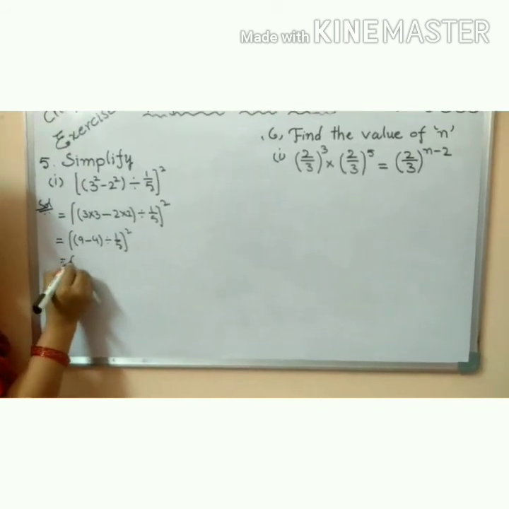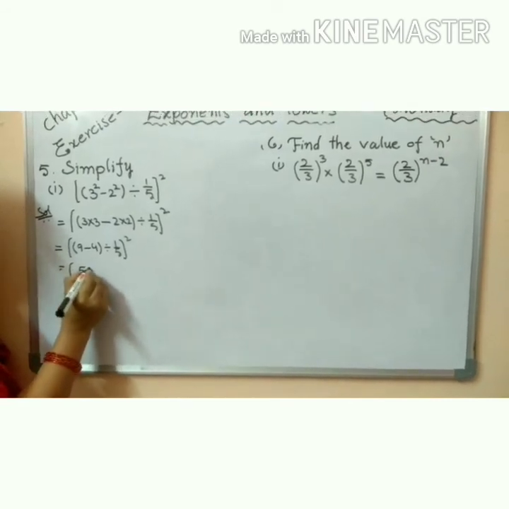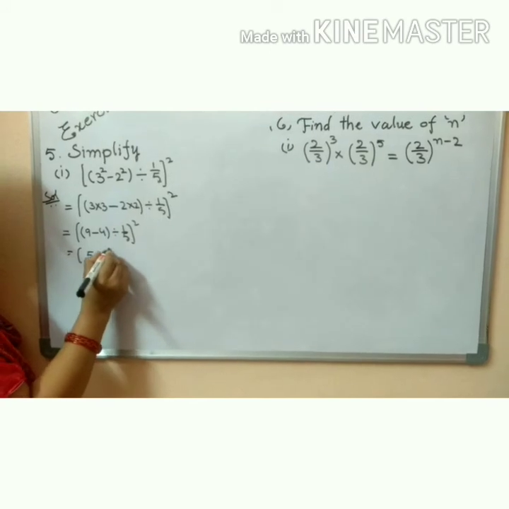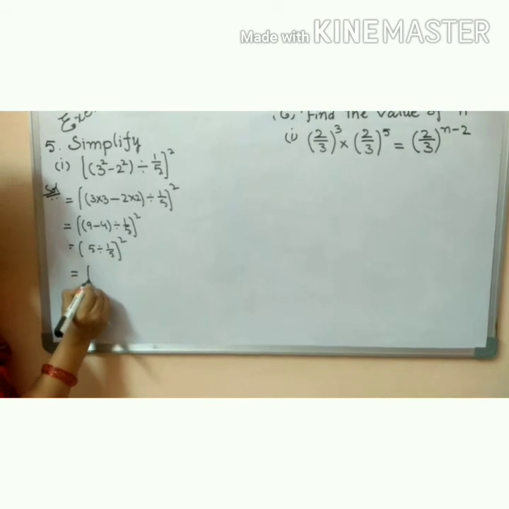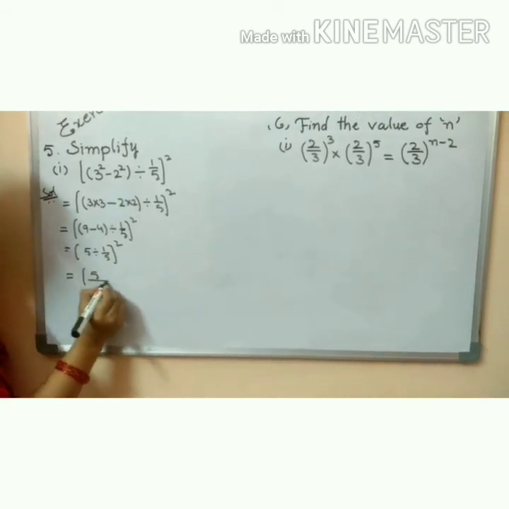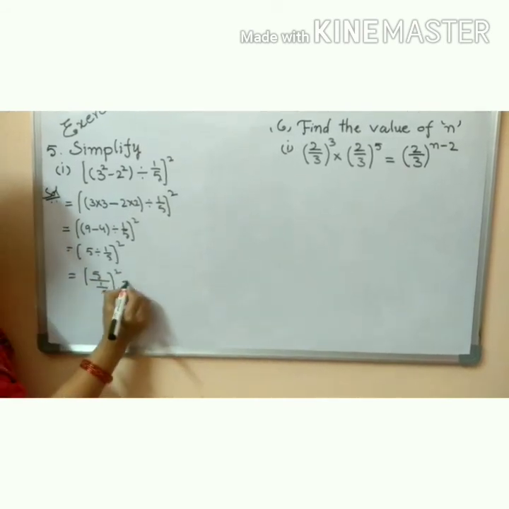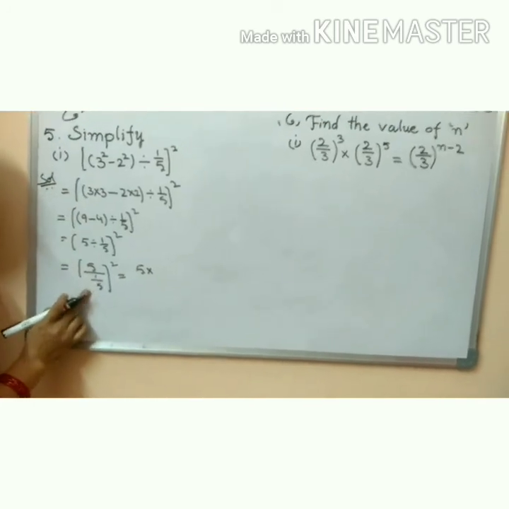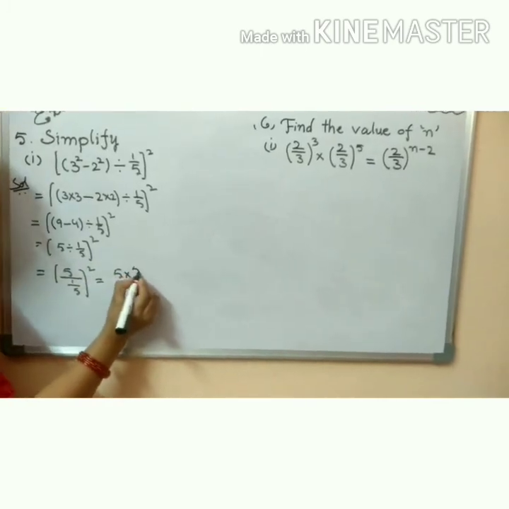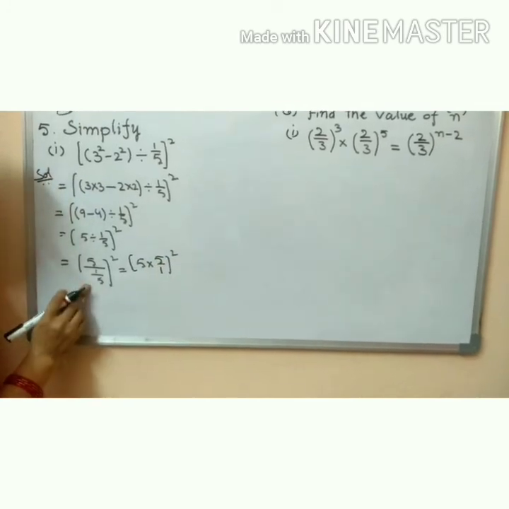Here 9 minus 4 is 5, so 5 divided by (1/5) whole square. In this case, dividing by a fraction 1/5, go to the numerator 5/1, whole square. Did you understand children?